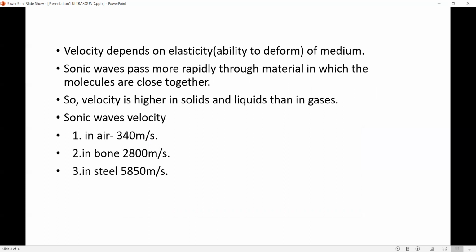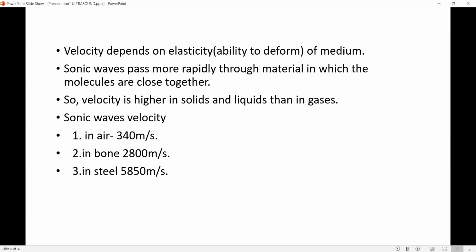Second, sonic waves pass more rapidly through material in which the molecules are close together. So velocity is higher in solids and liquids than in gases.